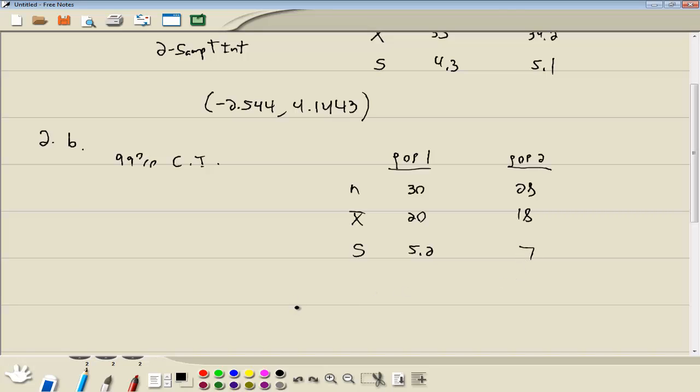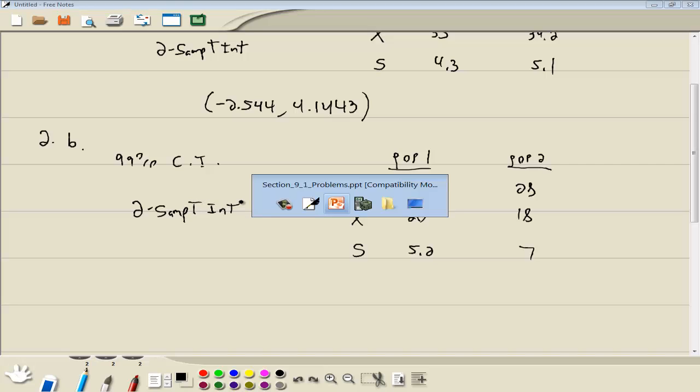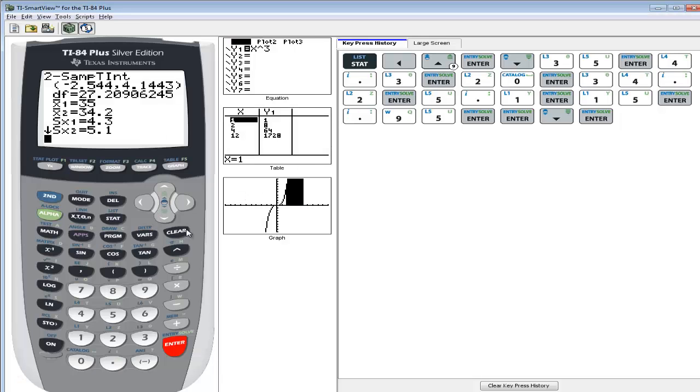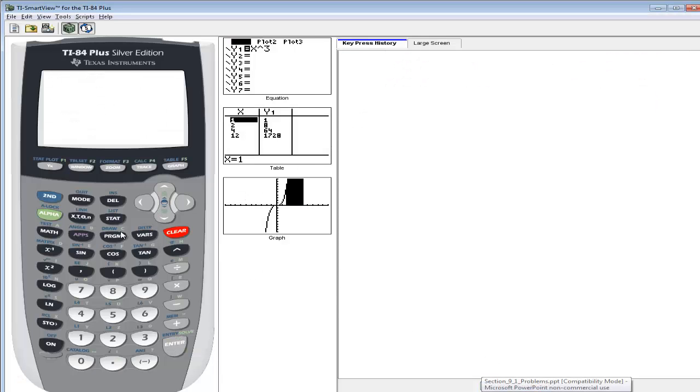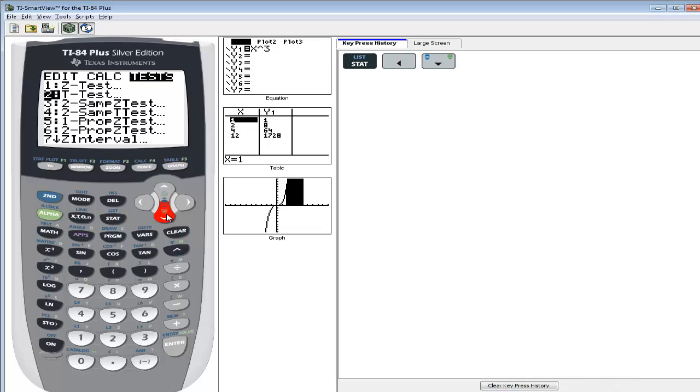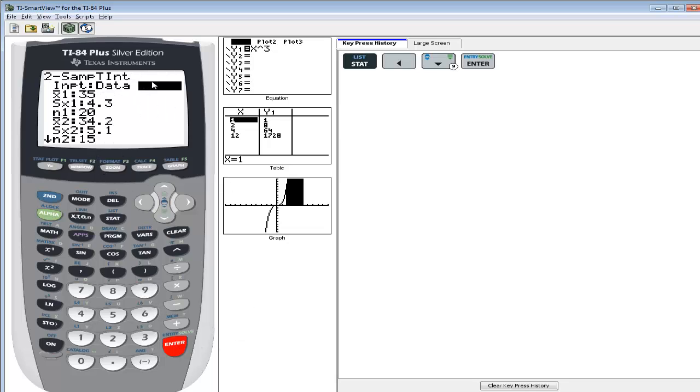So let's go over to our function again, 2-SampTInt. I'm going to press Stat, left arrow over to Tests, and 2-SampTInt. Press enter on it. We're again given summary statistics, so I want Stats highlighted. Down arrow, x bar sub 1 is 20.